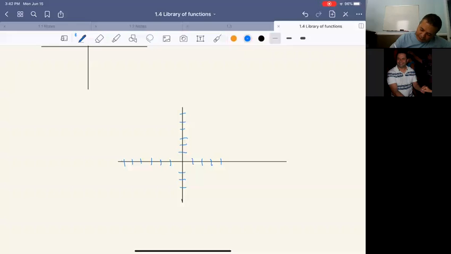It has one peak here at negative 4, 3. Down here at negative 1, negative 3, it has a valley there. And at 2, 6, it's going to have another peak. Okay, so then it's going to look in between there like so. Okay, so this is what our function looks like.